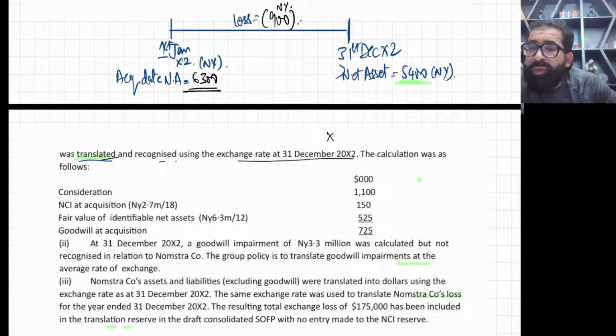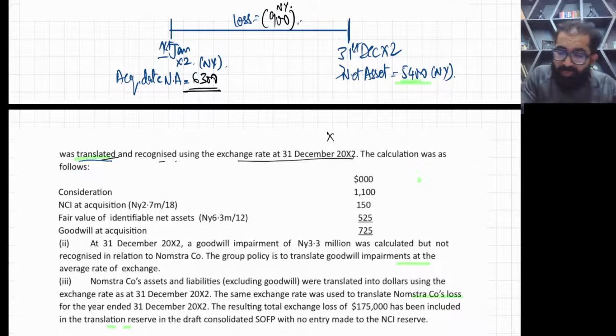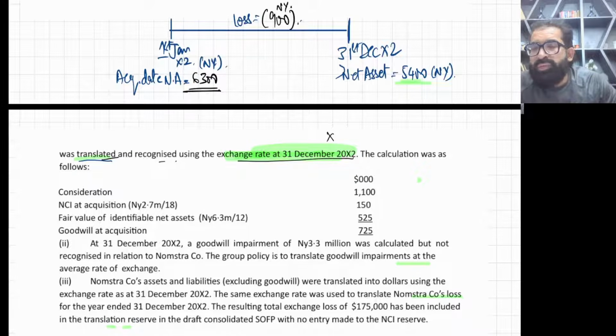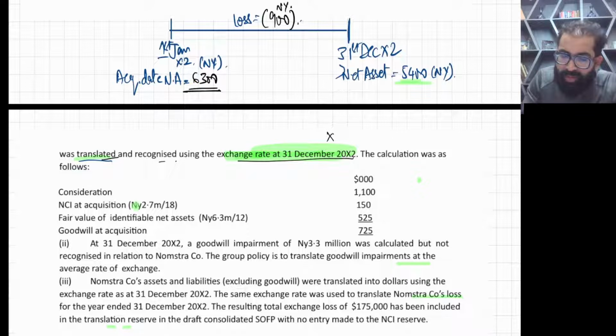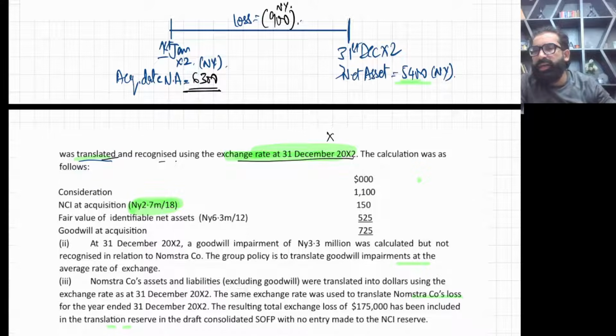But for NCI, they used the exchange rate at 31st December X2. So this is a pure mistake. That's why goodwill is wrong. They have used the fair value of NCI at acquisition as 2.7 divided by 18, and 18 is the year end exchange rate.